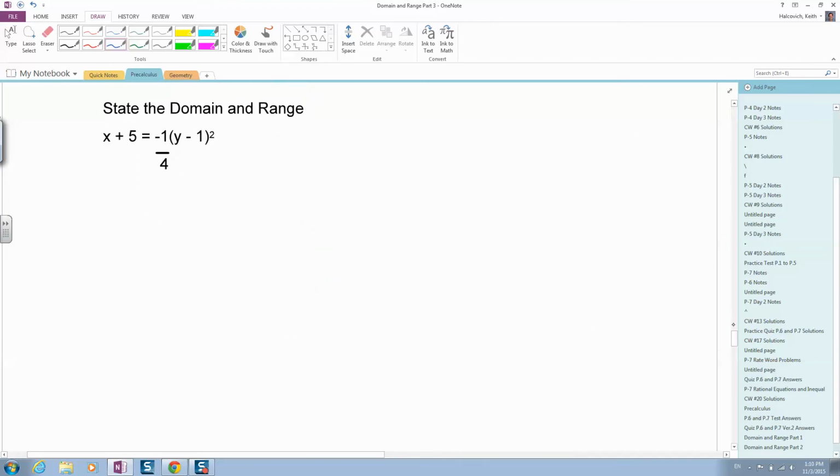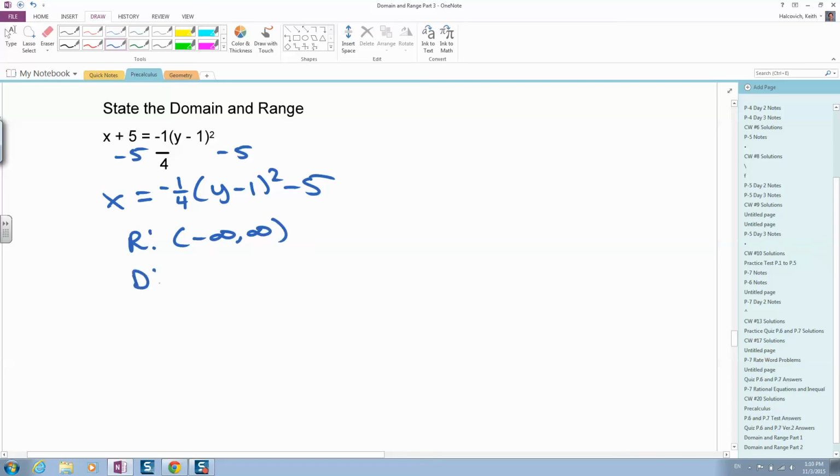All right, then if you notice here, there is another parabola, except now it's x equals. But first, we're going to subtract 5. So we get x equals -1/4 times (y - 1) squared minus 5. So remember, now we're going to find the range first, which means it's all real numbers.